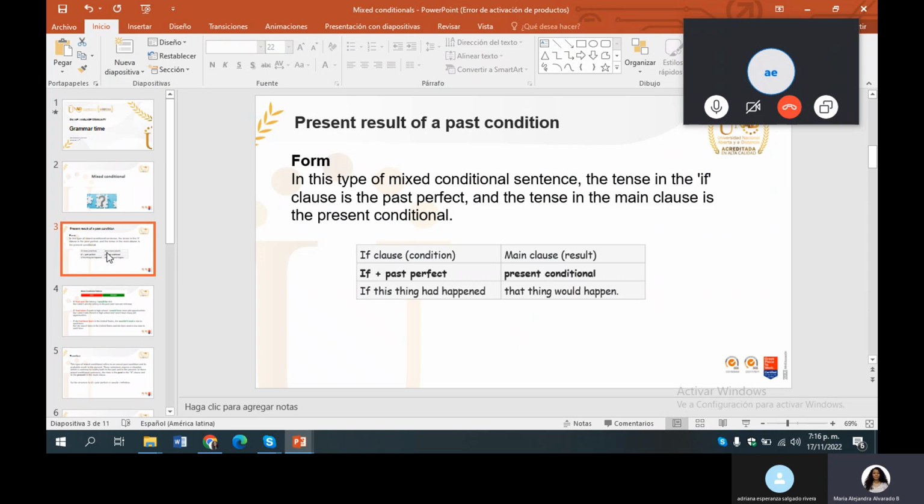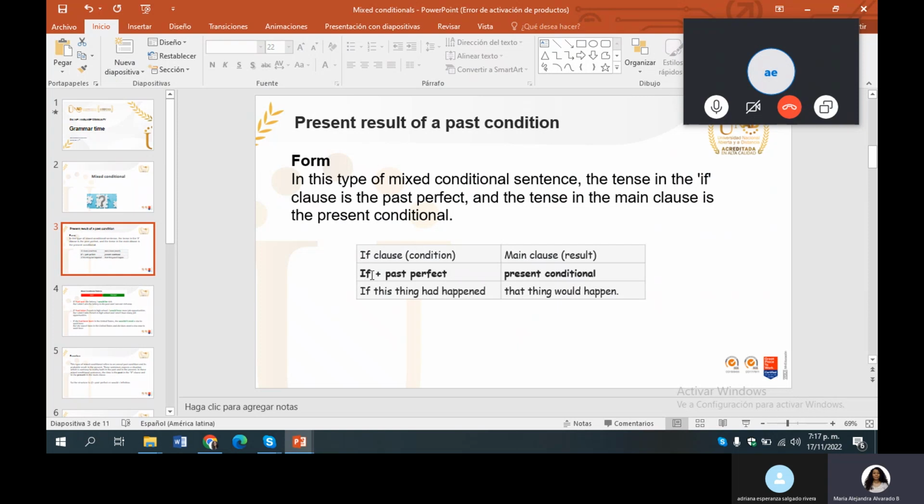Here we have the first mixed type, which is a present result of a past condition. In this type of mixed conditional sentence, the tense in the if clause is the past perfect, and the tense in the main clause is the present conditional. Here is a little example of the structure.